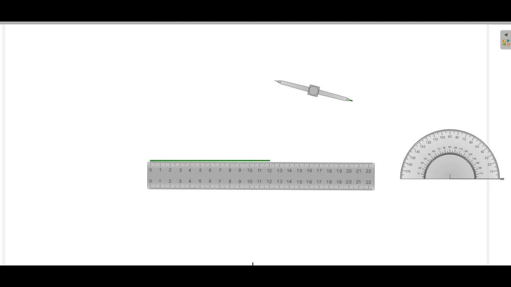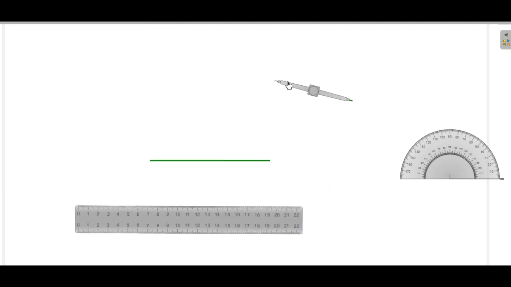Now, what we are going to do is, we will take the compass and keep it at, suppose this is point A and point B, then we will keep this at point A. We have placed the metal pointer of the compass at point A. As it is measuring more than half, let us draw an arc which intersects this line.